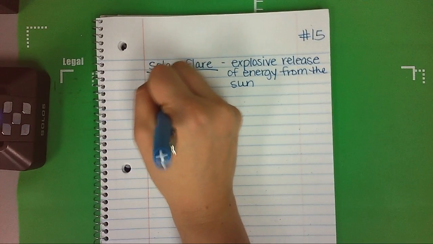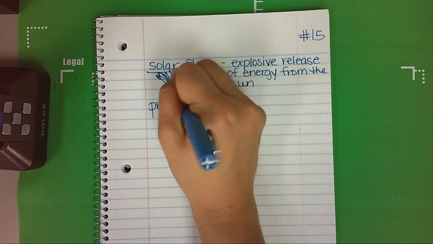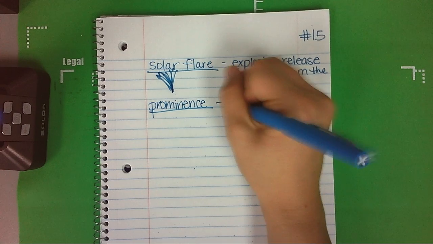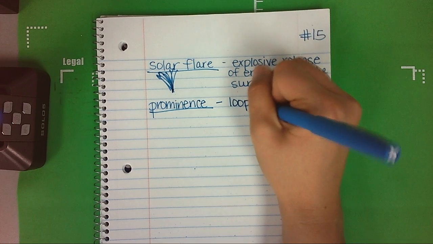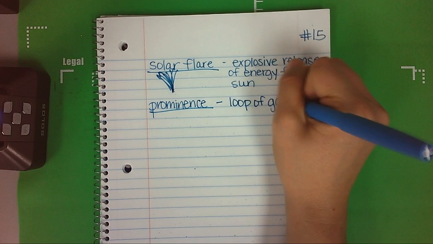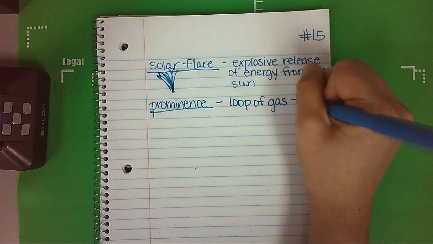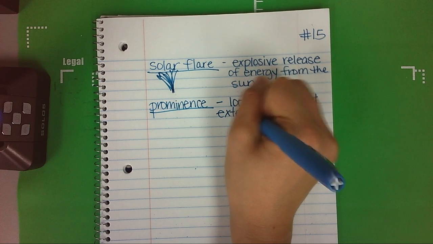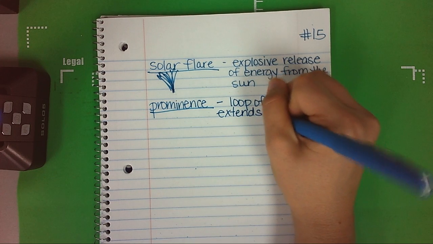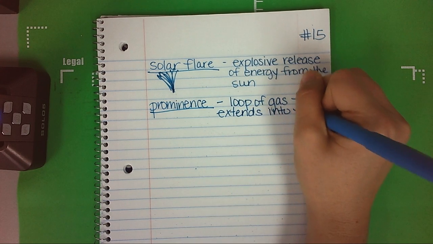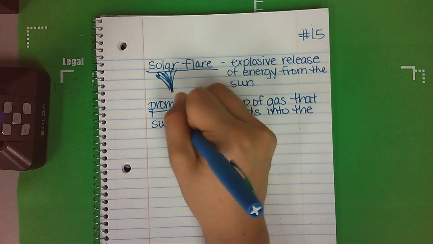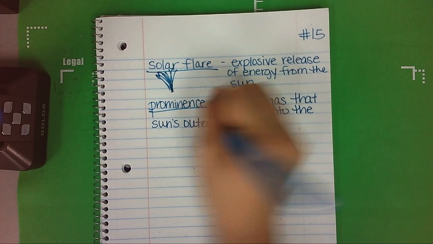Okay, so prominence is a loop of gas that extends into the sun's outer atmosphere.